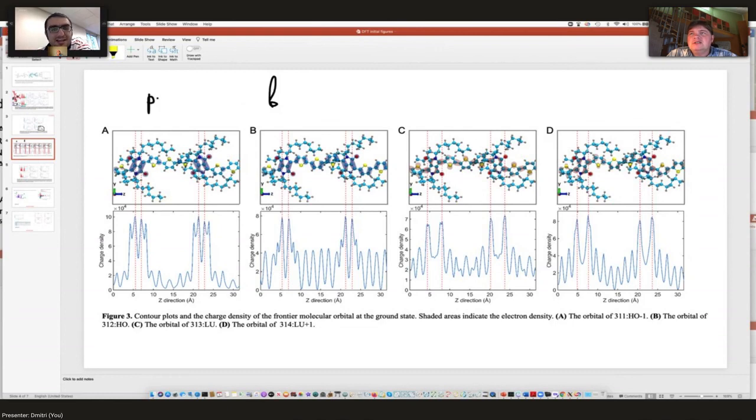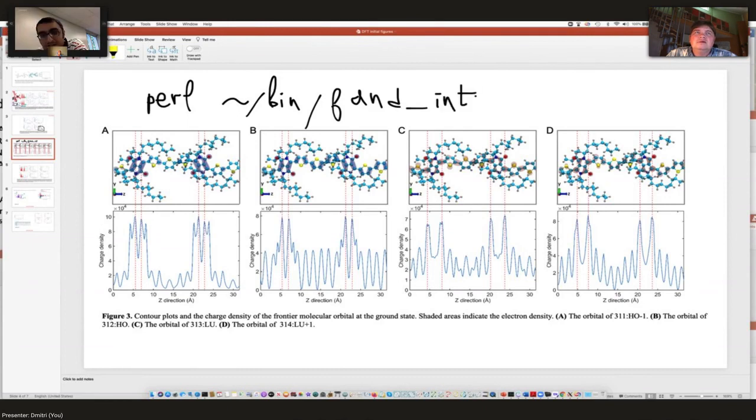Let me just type Perl, bin, band integrate .pl. Then you put the first and last, like HOMO -1 and LUMO +1, and it will convert 3-dimensional band charges into 1-dimensional files.